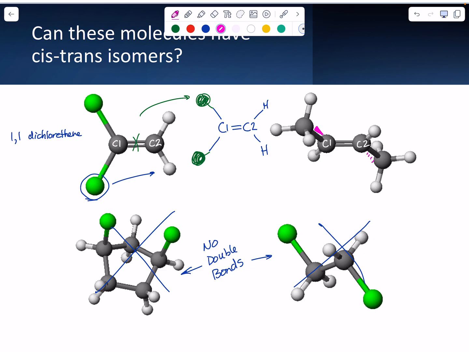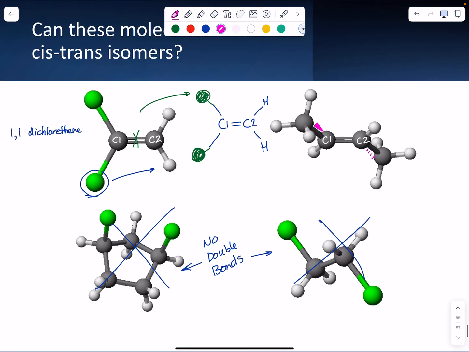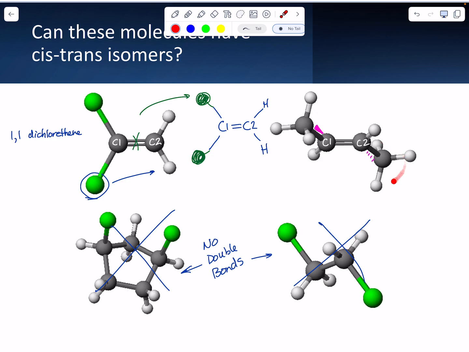So what I could say is I want to move this group right here. I can rotate around this single bond right here, but all I'm doing is spinning, rotating around that bond would just spin the carbon with the hydrogens. It's not going to move this whole entity so that it's pointing towards me.